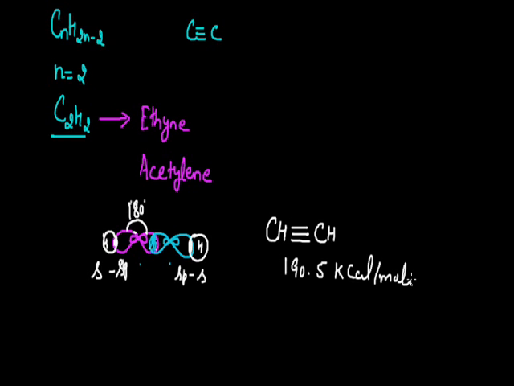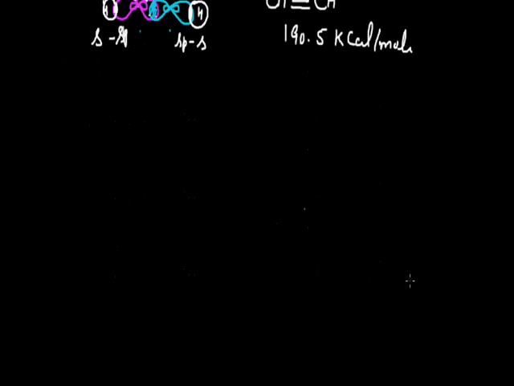Now if we come to the properties of this compound, let's discuss the physical properties in the beginning. In the physical properties, we will be talking about the physical state of this compound.